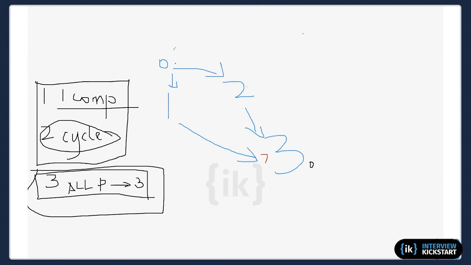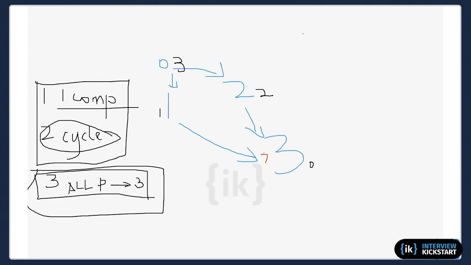Because I will start assigning numbers. Let's see, departure number is 0. This one is 1, and we go to 2, and go to 3. 3 is visited already, so we'll come back. And this one departure number is 2, and this one departure number is 3.